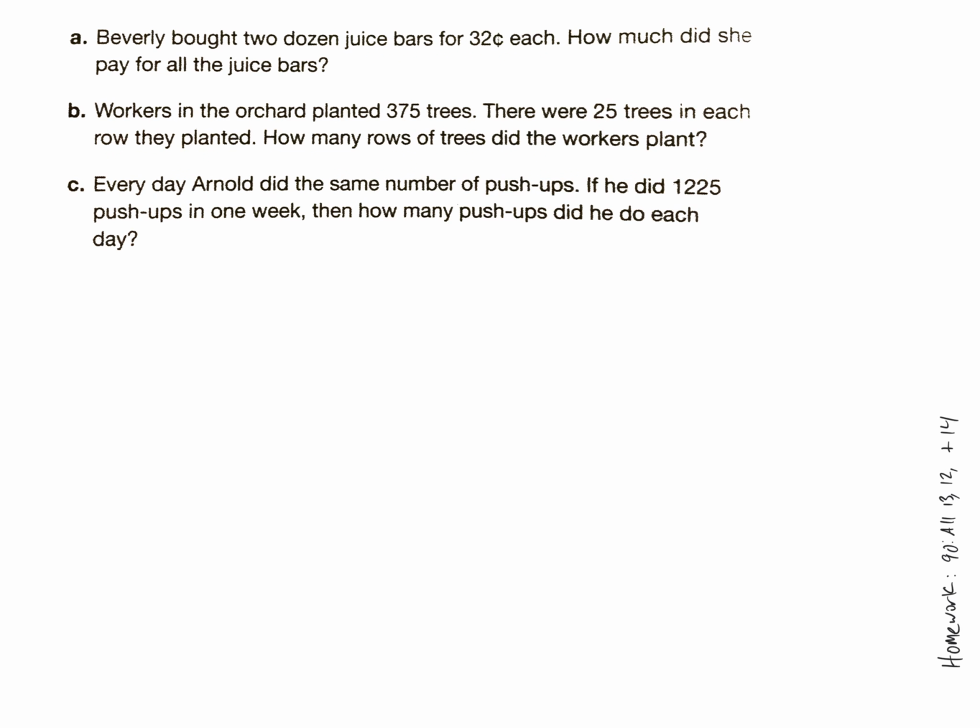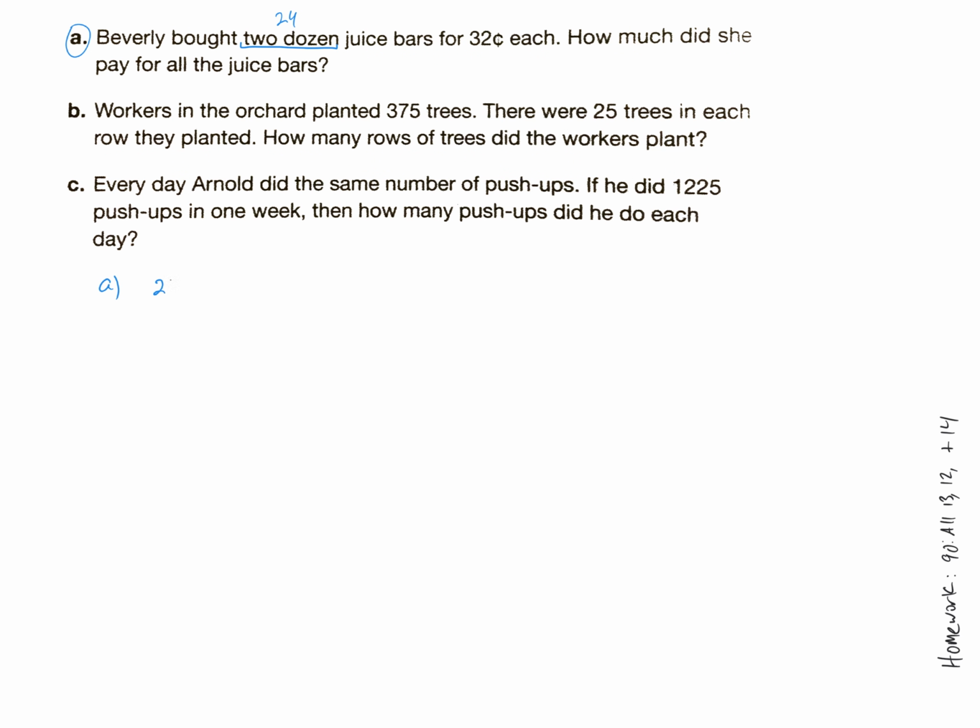Let's try 3 more to be precise. Beverly bought 2 dozen juice boxes for 32 cents each. How much did she pay for all the juice boxes? Let's work this one out in blue. 2 dozen, remember 1 dozen is 12, so 2 dozen is 24.